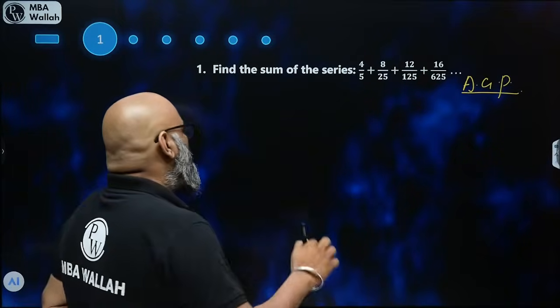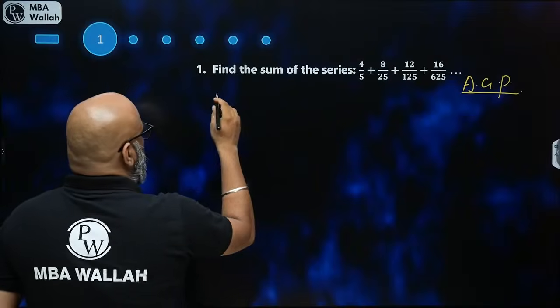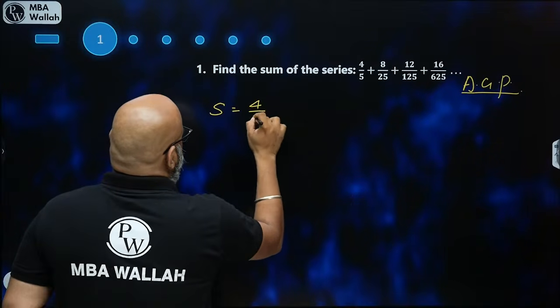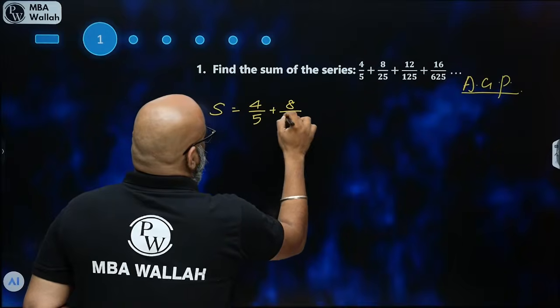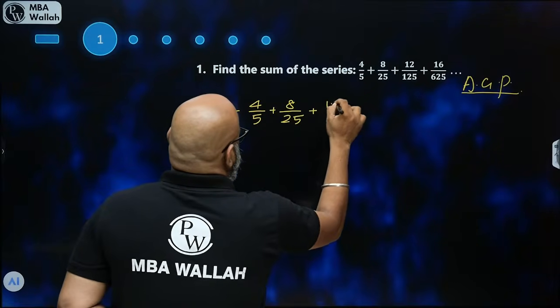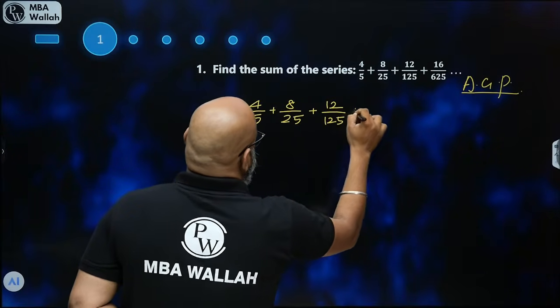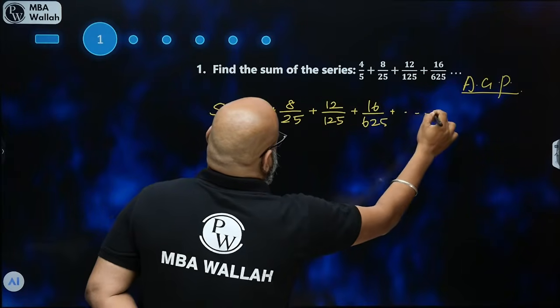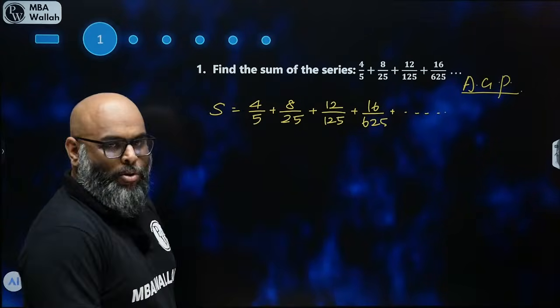What I'm going to do is, we need the sum of the series, right? Sum is equal to 4 by 5 plus 8 by 25 plus 12 by 125 plus 16 by 625, 20 by 3125 and so on.